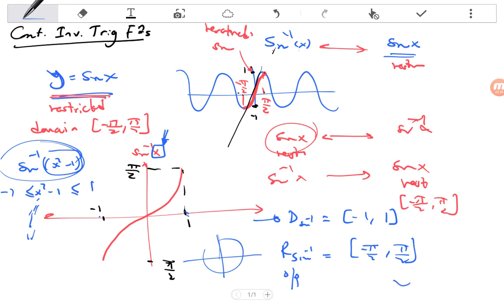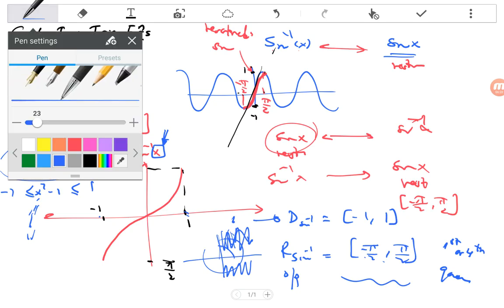Which of these 4 quadrants are these angles from -pi/2 to pi/2? From 0 to pi/2 is the first quadrant, and from -pi/2 to 0 is the 4th quadrant. So a sine inverse is an angle which belongs to the first or the fourth quadrants. Okay.